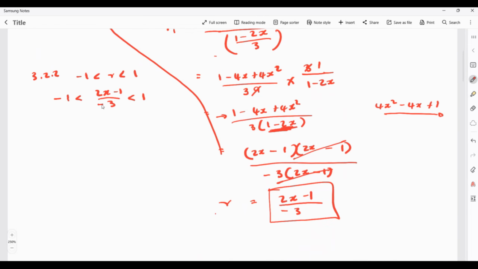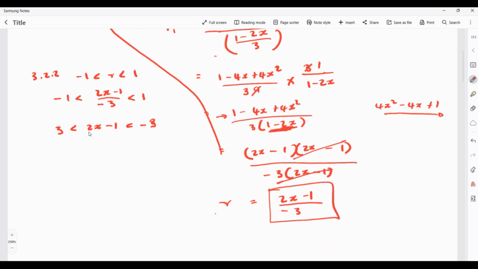Oh, there is a negative, by the way. When you multiply both sides by the denominator, you're going to get 4 is less than 2x minus 1 less than a negative. Oh, it's not actually 4, it's 3, because we are multiplying, not adding. It's a positive 3, and then this one will be negative 3 over there.